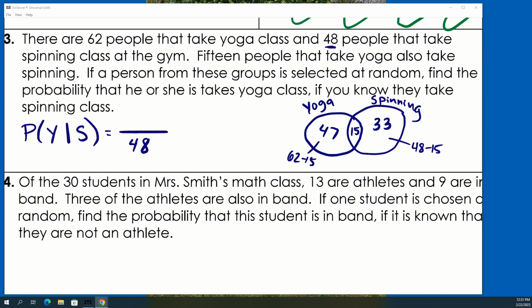Then we're only going to look at that 48. Out of those 48 people, how many are in yoga class? Say it again. Maybe I shouldn't have marked out everything. Yeah, there's just 15.